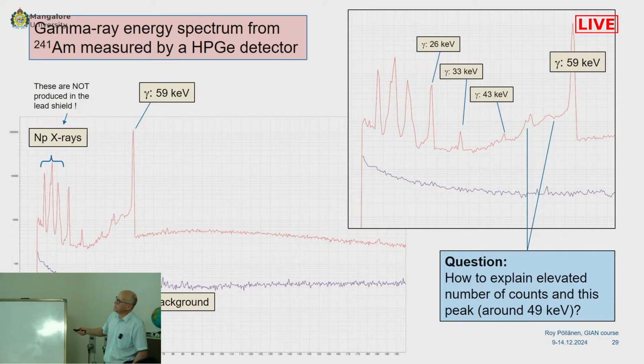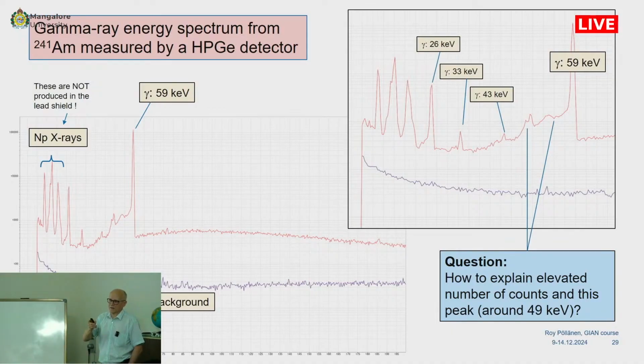This is the main peak of americium. Let's zoom this spectrum. It's this one, so 59 kilo electron volts. There are other small peaks here. So what are these peaks? X-rays from americium, indeed.